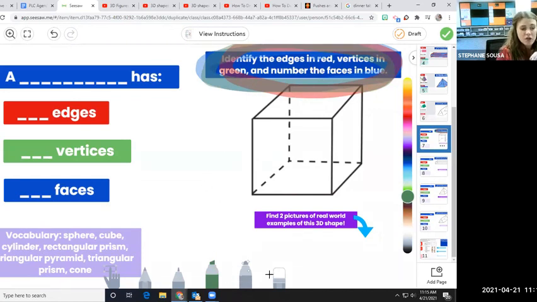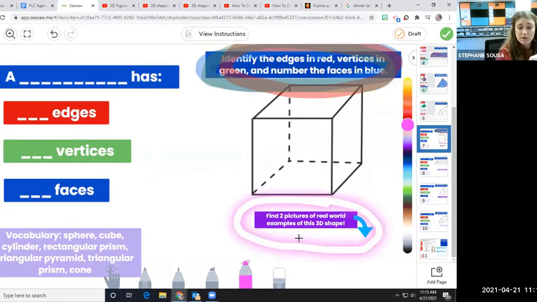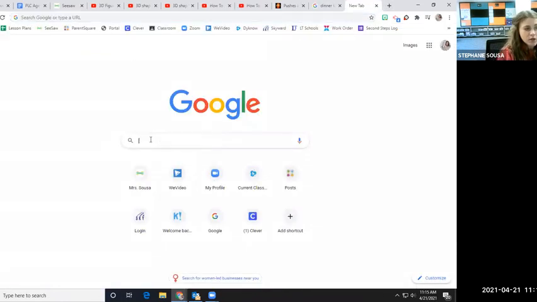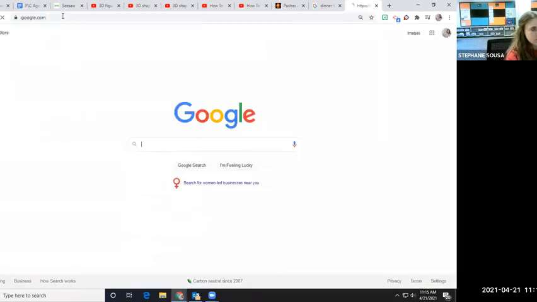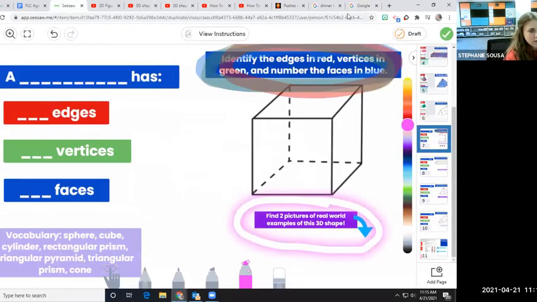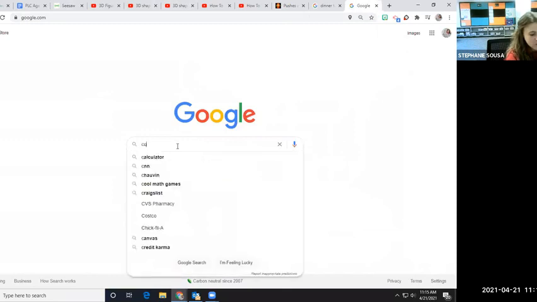You are also, and this is a fun part, going to find 2 pictures of real world examples of this 3D shape. So on Google, you can go to your image search, get to Google Images here, and under images, I'm going to search for this shape, which is a cube. I just gave you an answer.